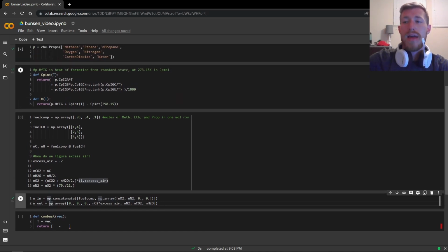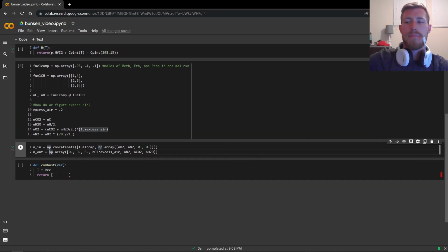Our enthalpy right now is returning energy in joules per mole, so it tells us the amount of energy in every mole of each substance at a certain temperature. By multiplying it by the amount of each substance going in and out, we get the total energy in each substance that is present, because multiplying by zero will bring that one to zero.